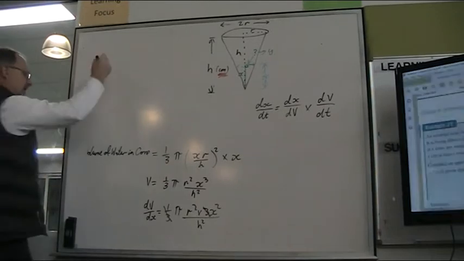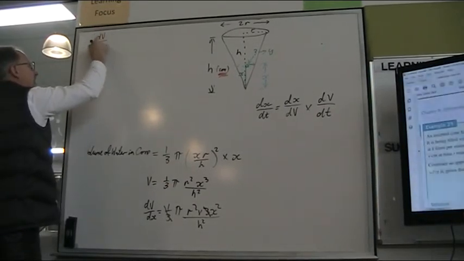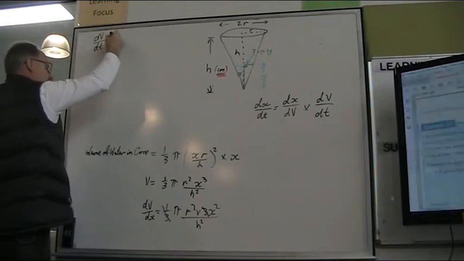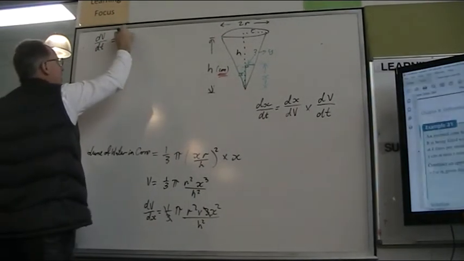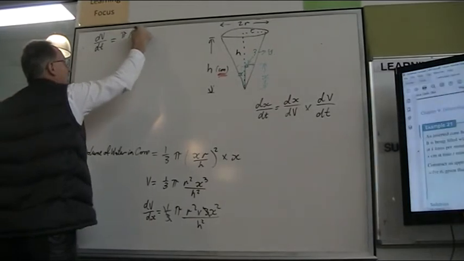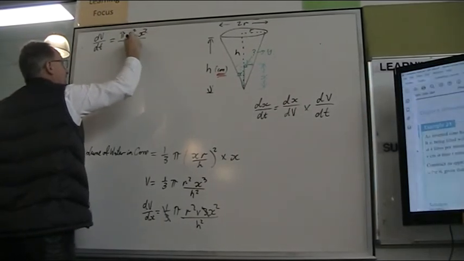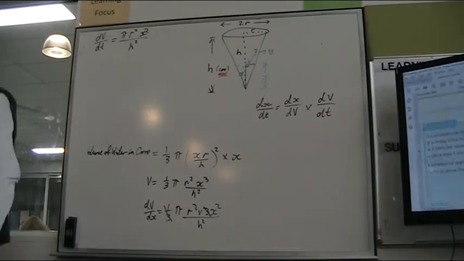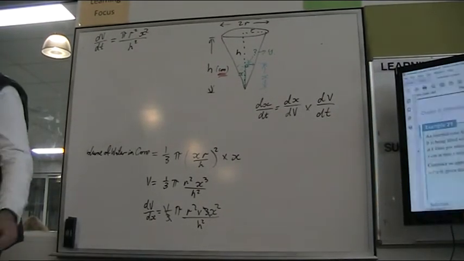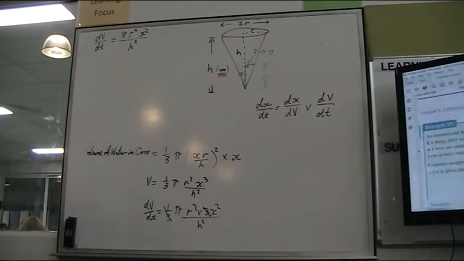So now, let me neaten that up. dV/dt is equal to, I'm just going to write it as a single fraction here now, πr²x² on h². All right, anything so far? No?